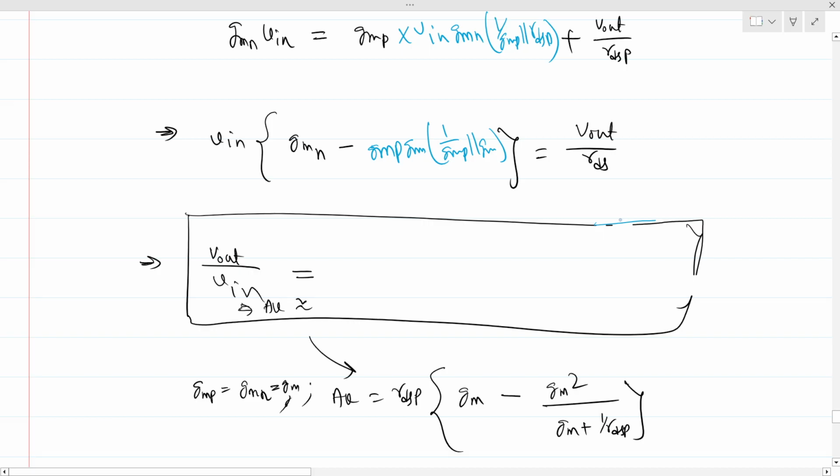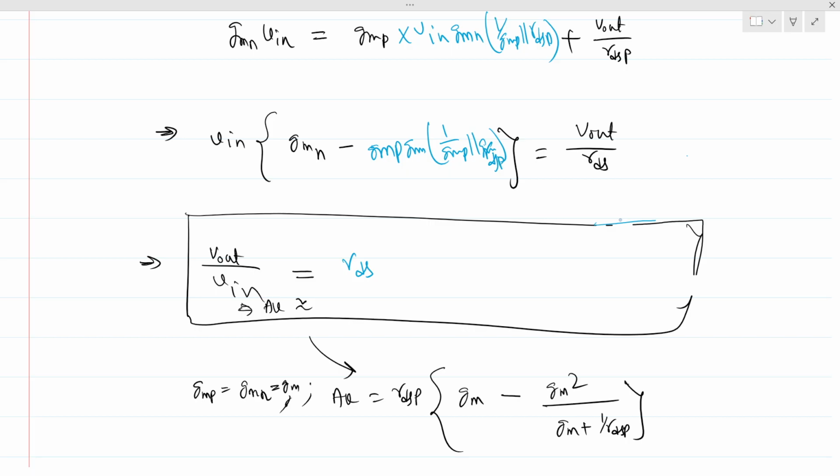So from here V out over V in is nothing but rds of, okay, now we can assume the gmp by rds of P.